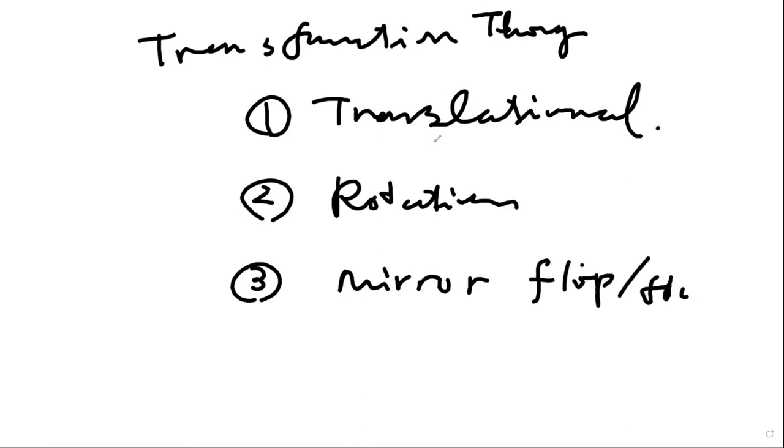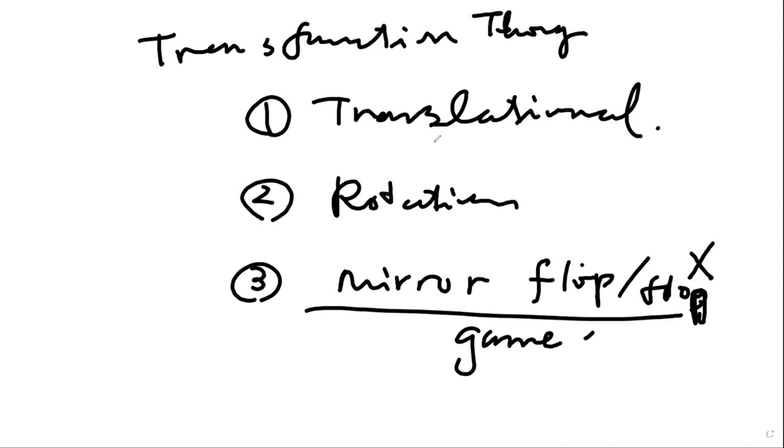But because we are using a rigid system, the robot seldom does mirror and flip-flop. Mirror and flip-flop are usually used in game theory, when you design a game. So basically, the kind of math we are learning right now can also be applied to 3D game design.